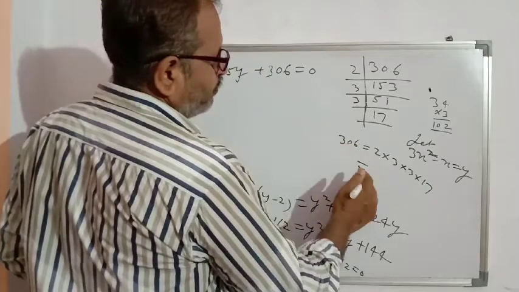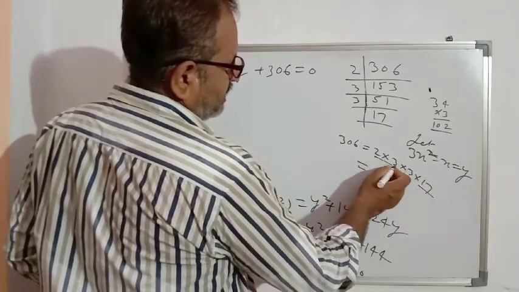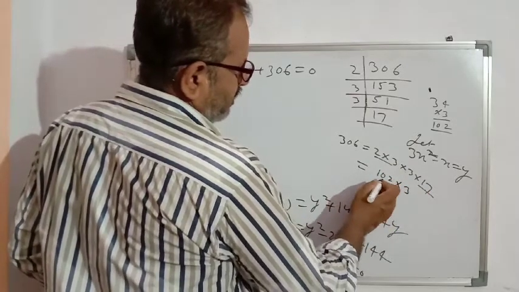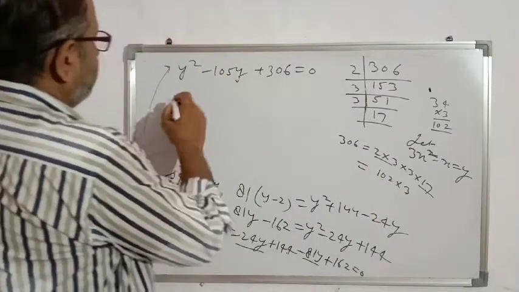We have to take two factors, so 2 into 3 is 6, 6 into 17 is 102, and 102 into 3 is 306, and their sum is 105.